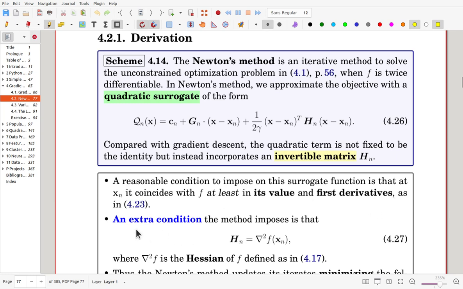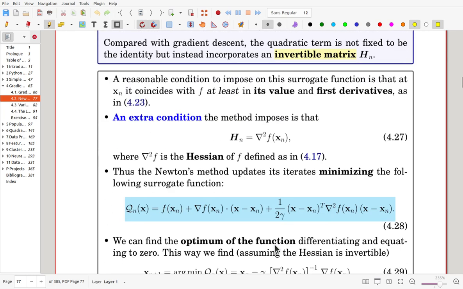And an extra condition is now that Hn, the metric, is the Hessian of the function, so that the final form of the surrogate function is given here.